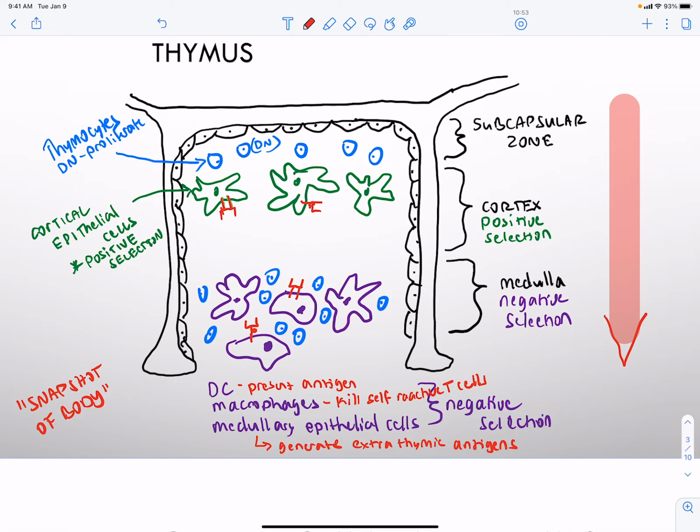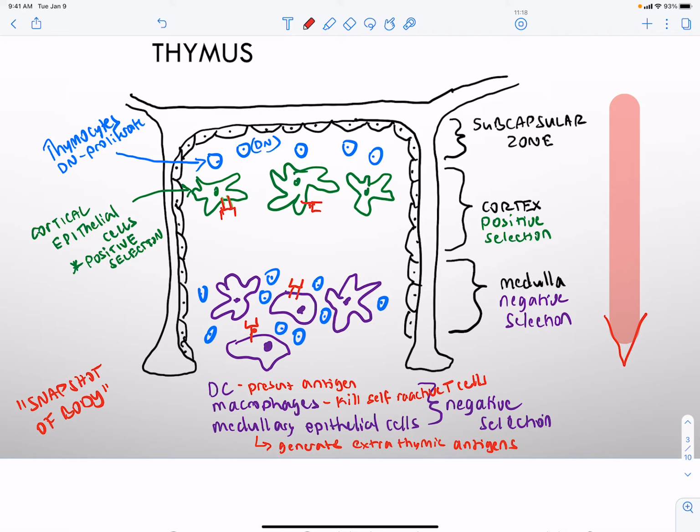And this is important for T cells because keep in mind that B cells go through negative selection as well, but it's not as rigorous as T cells. And that's because there's another layer of control for B cell activation, and it's called T cell help. So if you potentially have an autoreactive B cell that gets loose, as long as it's not able to see help, it's not going to do much auto damage.